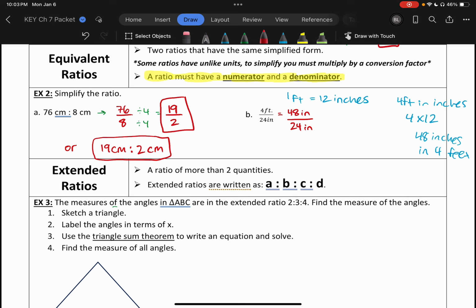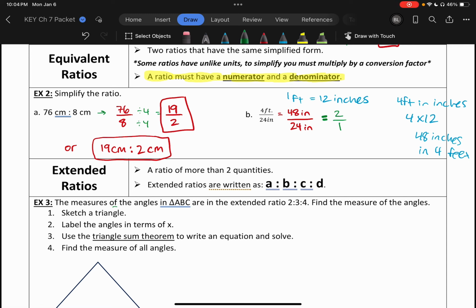If I wanted to simplify this, we can understand that this fraction is 48 over 24, or 48 divided by 24. That is going to give us 2. But whenever you're writing a ratio, you need to make sure that it is a fraction. So this would be 2 over 1.